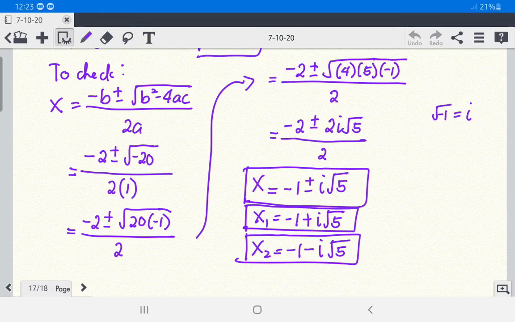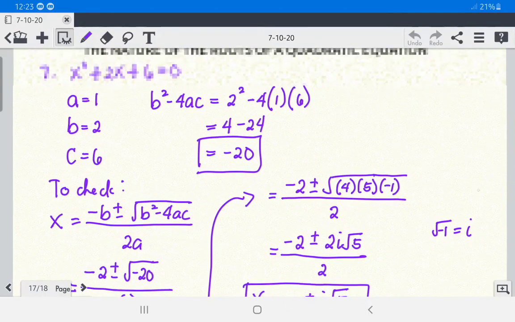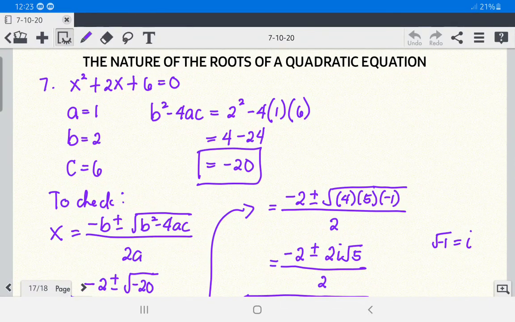Okay. Then, going back to the equation in number 7.